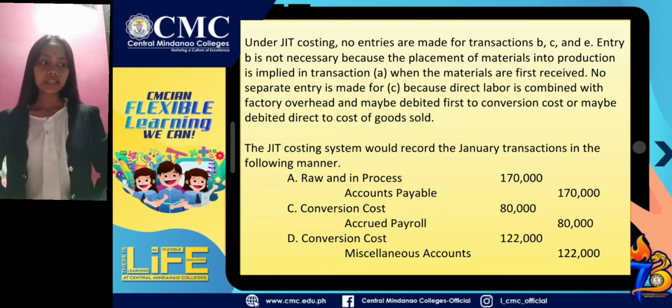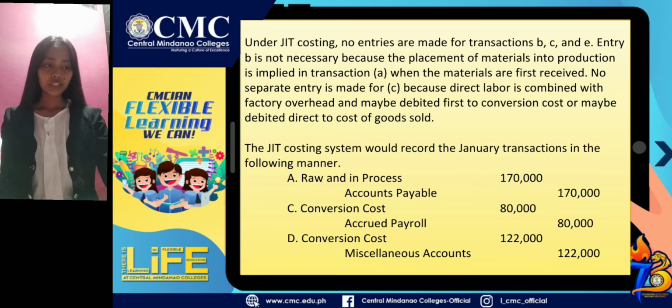So, entry B is not necessary because the placement of materials into production is implied in transaction A when the materials are first received. So, kaya daw po wala ng entry yung ating transaction B kasi pinahiwatig or sinabi na siya sa previous na transaction or sa ating transaction A. So, as you can see, meron po tayong materials sa ating transaction A, which is ito yung pinurchase na materials ng trams at ito yung first na materials na na-receive nila.